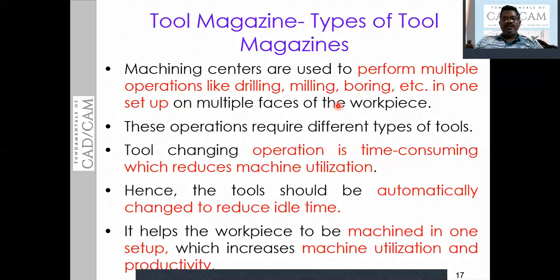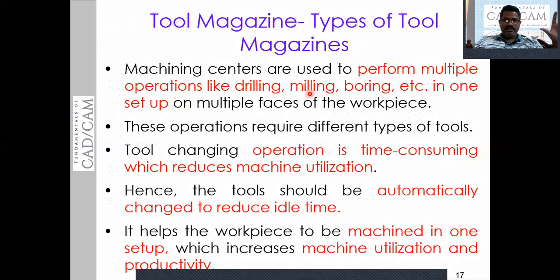To improve production time, improve utilization of the machine, and reduce the idle time of the machine, we designed some attachments, like the automatic tool changer, as I said just now. Then you have a tool gripper. Then we have the magazine. Just now I said that the magazine is a platform where all the tools are kept at specified locations.